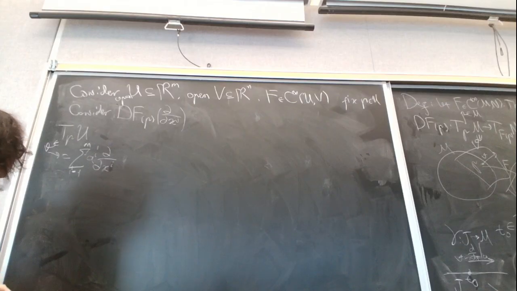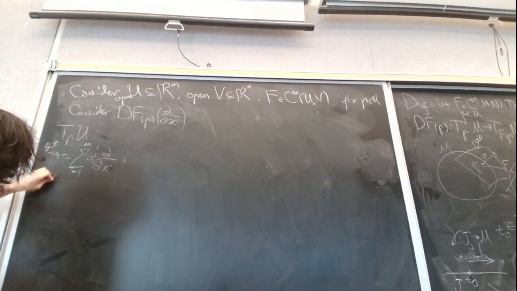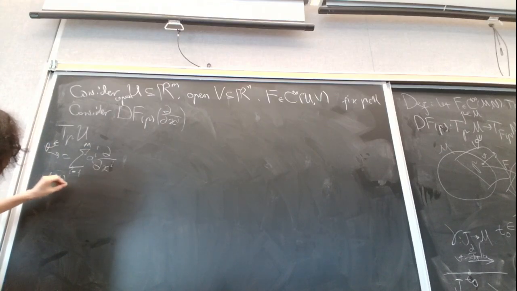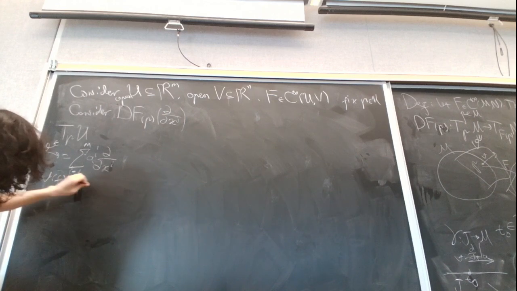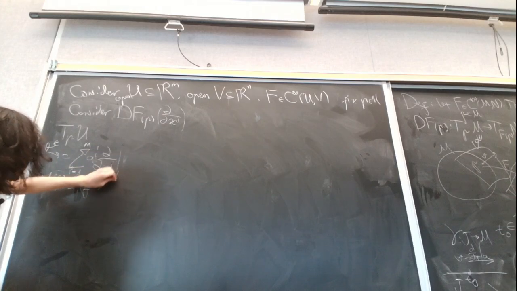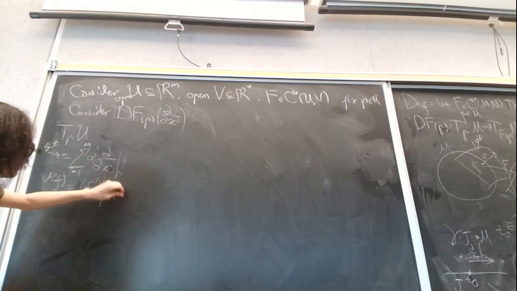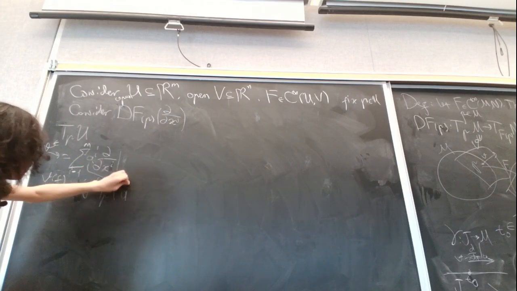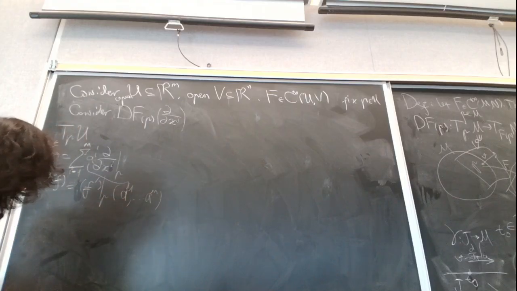And then we can identify this as taking the Jacobian. If I have a function f, then v of f is literally the Jacobian at p applied to a1 through am.